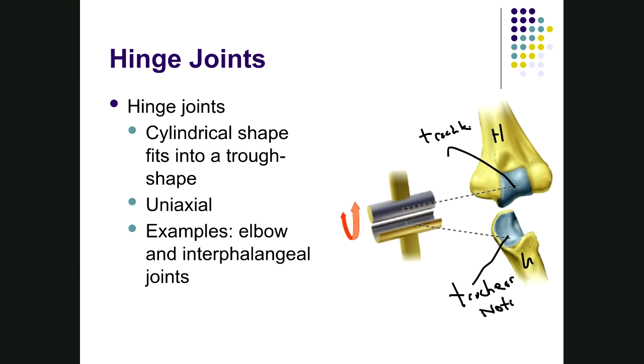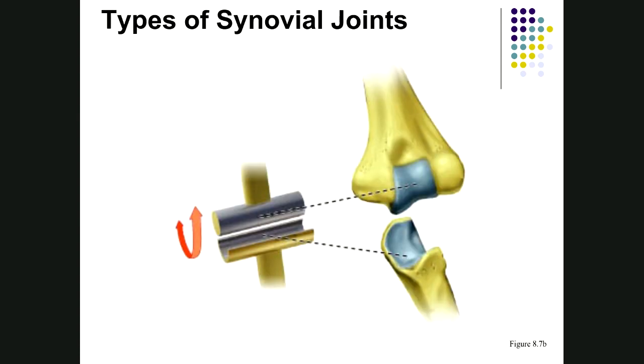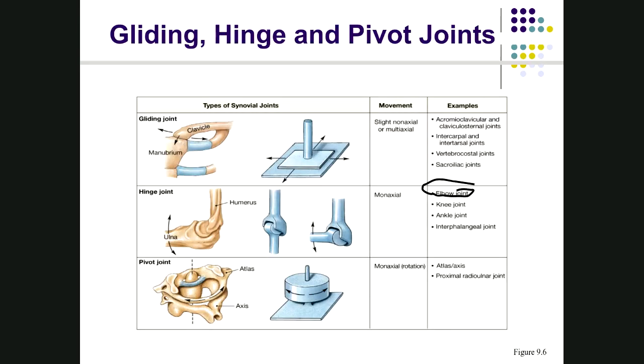If you do that with your elbow, hold your arm still, but bend your elbow, straighten your elbow, bend your elbow, straighten your elbow, it only moves in this one plane. There are some other hinge joints: the elbow, but also the knee, the ankle, also the joints between the phalanges in your fingers.